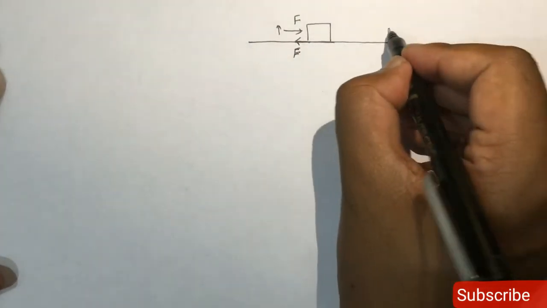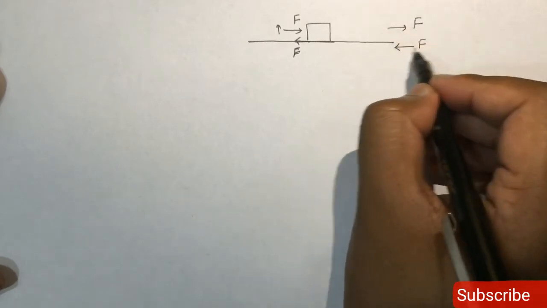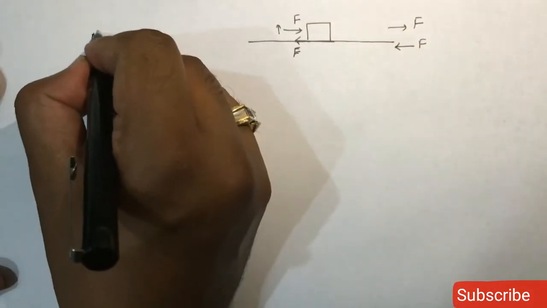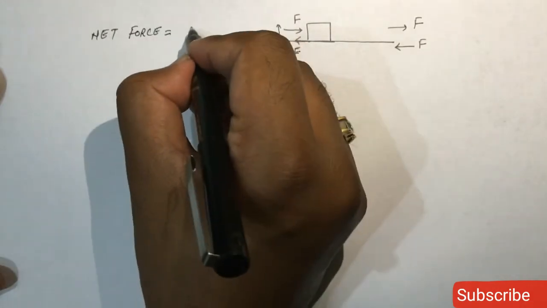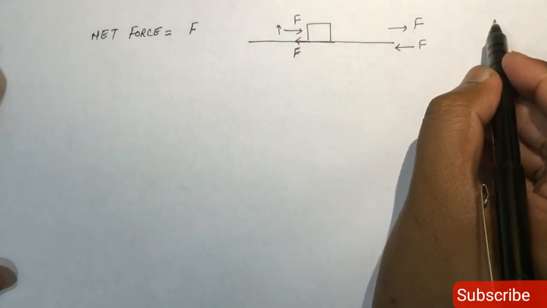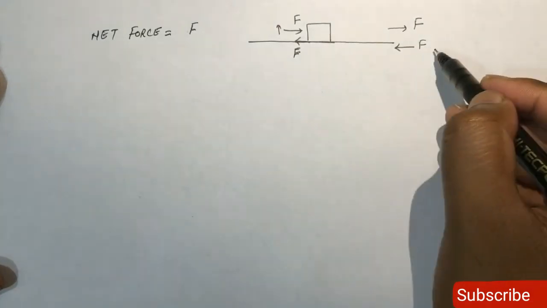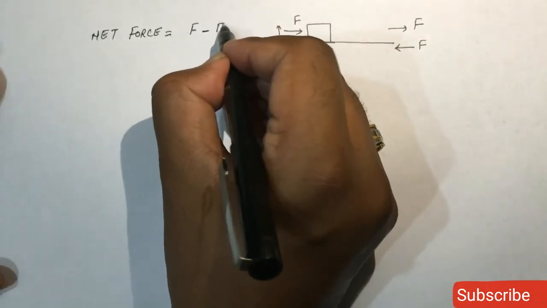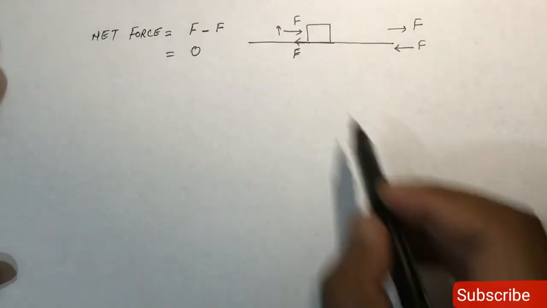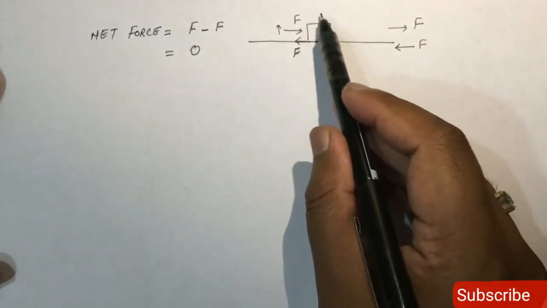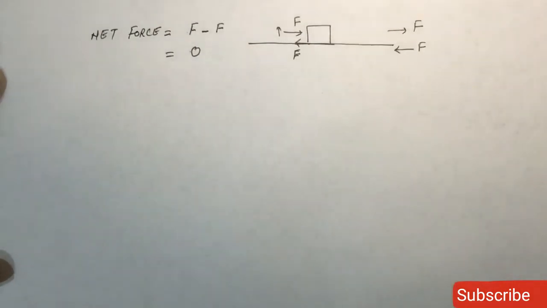So the net force is F in this direction, and because force is a vector quantity, when you change the direction it becomes negative. So the net force becomes 0. Clear? So in this case the object will not move. So you can say these forces are balanced.